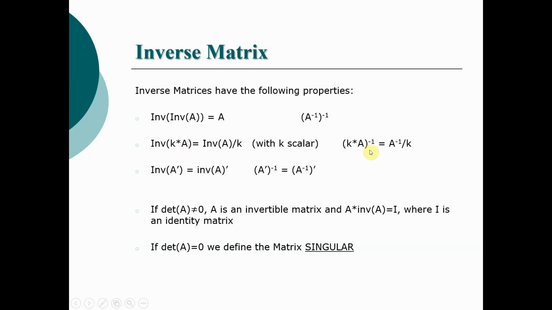The inverse of A transpose is the same as the inverse of A, transposed. So you can basically switch these two operations. It doesn't matter if you transpose the matrix first and then get its inverse, or first get its inverse and then transpose it.